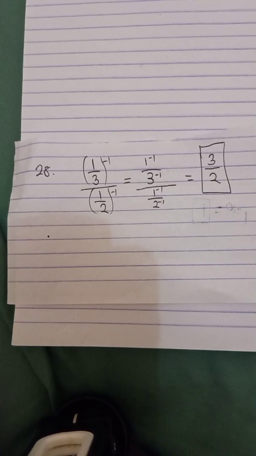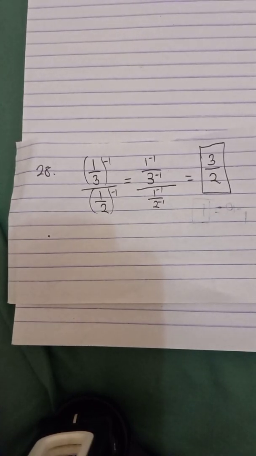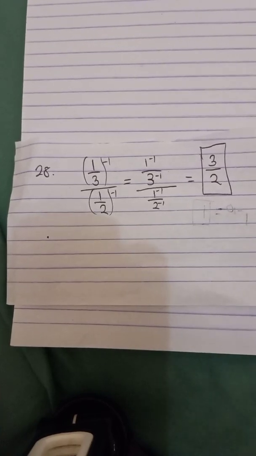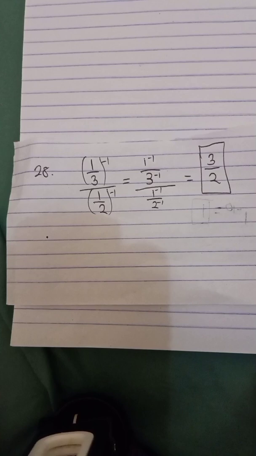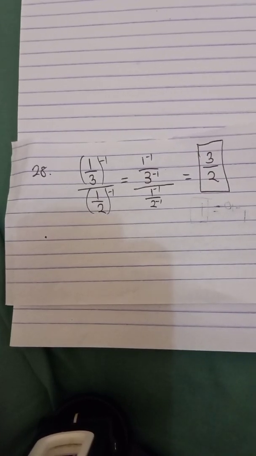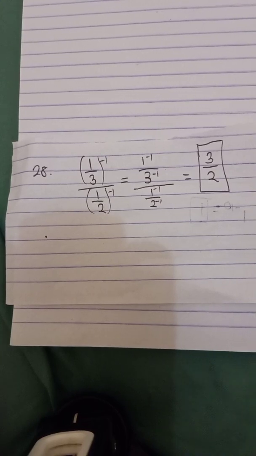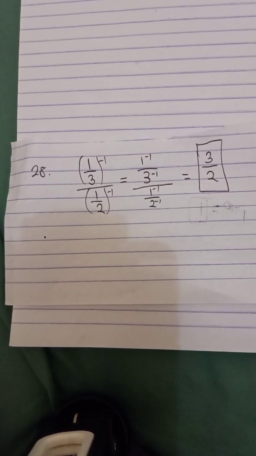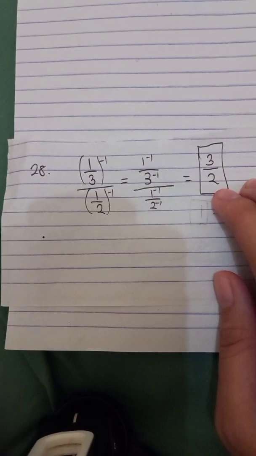Number 28, 1/3 to the power of negative 1 over 1/2 to the power of negative 1 is equal to 1 to the power of negative 1 is 1 and 3 to the power of negative 1 is equal to negative 3. So if that is the case, we will move the 3 to the numerator, so it will become positive 3.